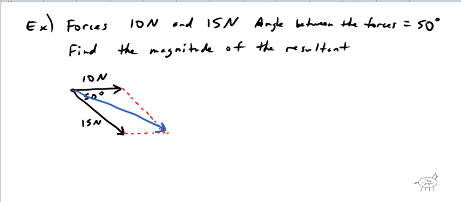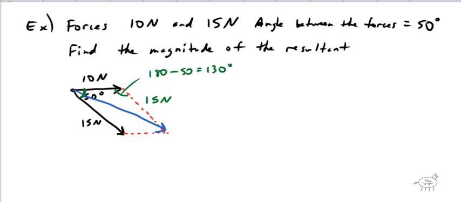You guys agree this is 15 newtons here, so this is also 15 newtons. And if this angle right here is 50 degrees, do you guys agree that this angle right here is 180 minus 50? Because this whole angle here is 50 degrees, and those are consecutive angles, so it's going to be 180 minus 50, which is 130 degrees.